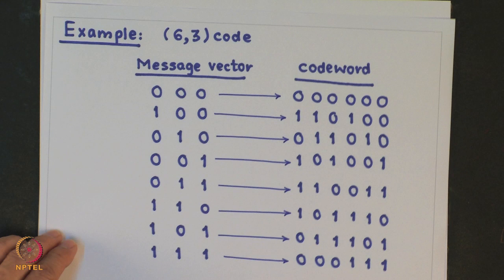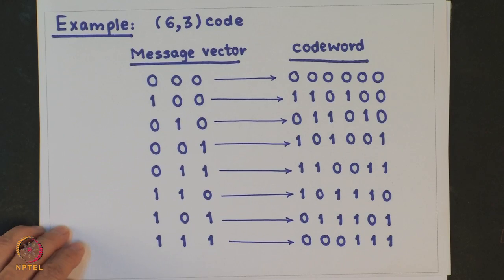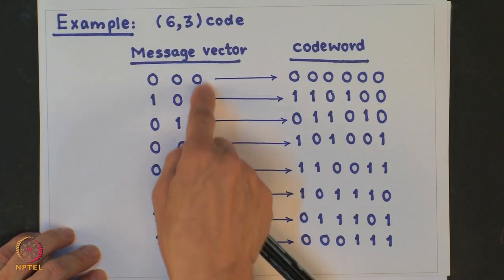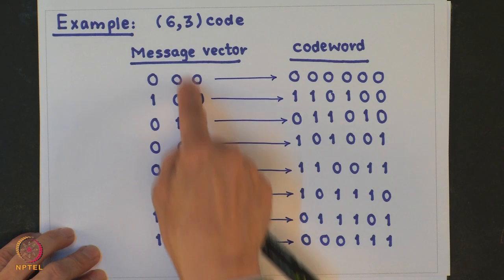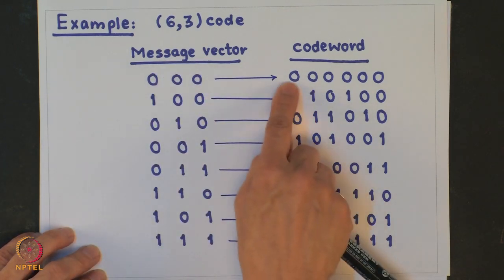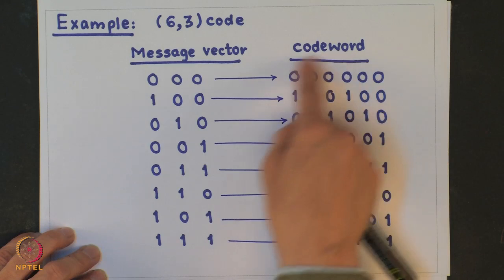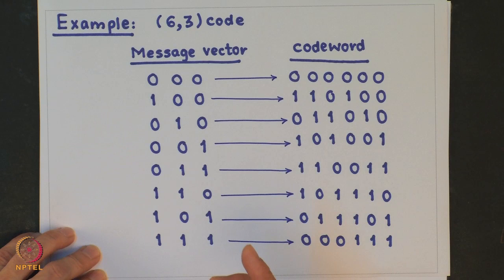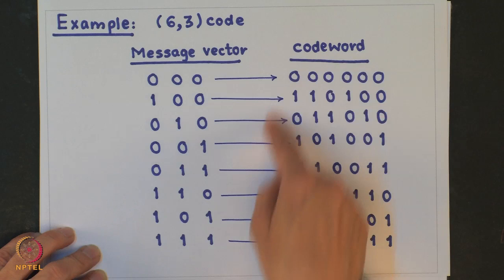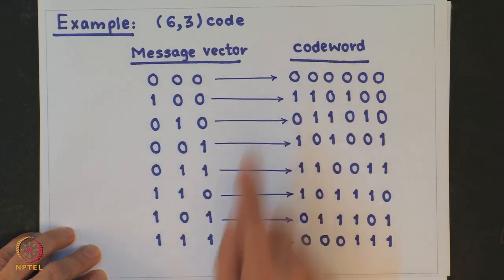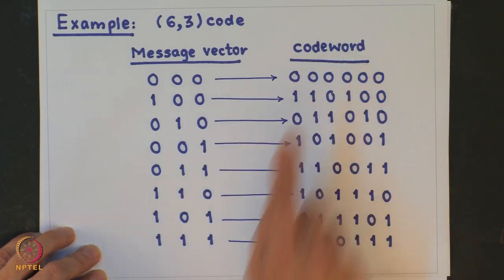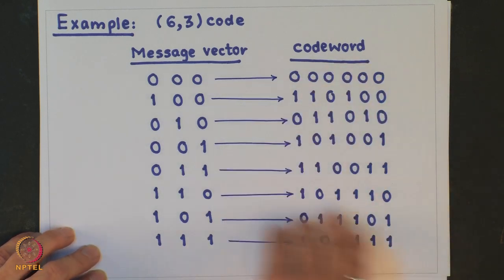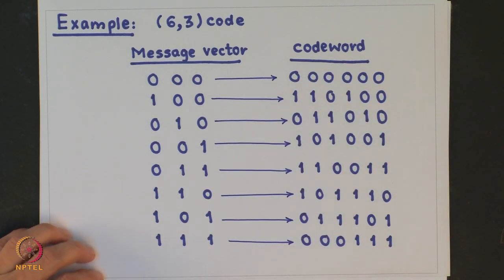Now, an example of a (6,3) linear code is given here. So, we have a message sequence of 3 bits. So, there are 8 messages, and corresponding to these 8 messages we have 6-tuples. We will have 2 raised to 6, that is 64 6-tuples, and out of that we have chosen 8 in such a way that they form a subspace and form a linear block code.